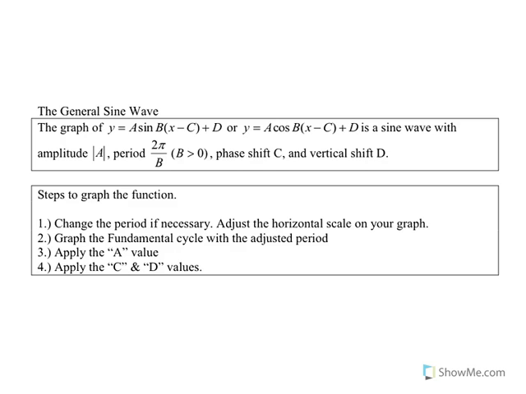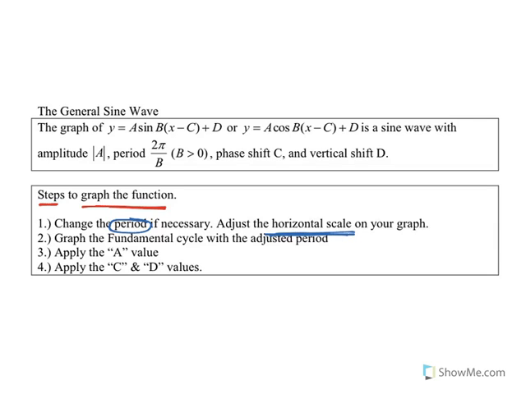And this box at the bottom, this is just giving you the steps to graph the function. You do have to do things in a certain order. Step one, you always want to do your period first, mostly because you have to set up your x-axis, your horizontal scale. So you don't want to go through graphing the whole graph and then finding that your x-axis, your horizontal scale, needs to change.